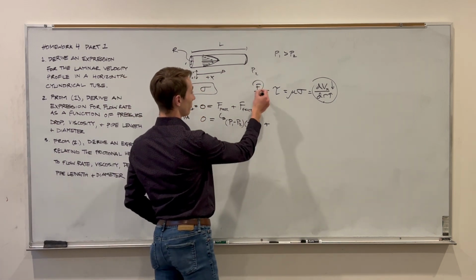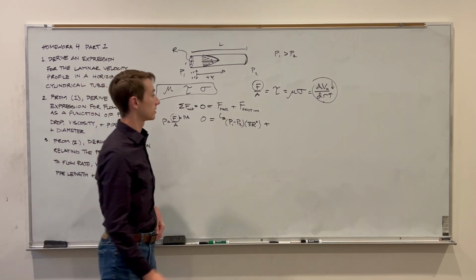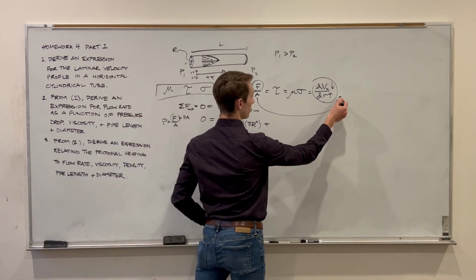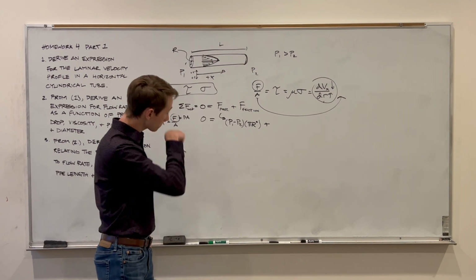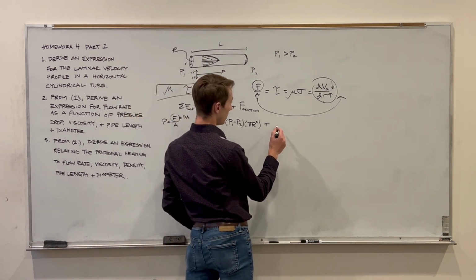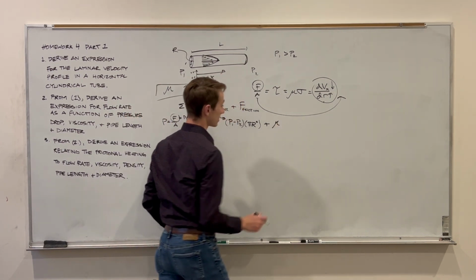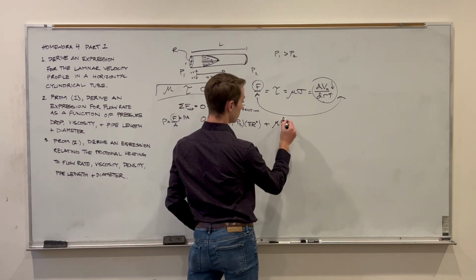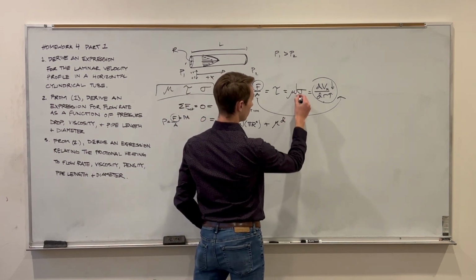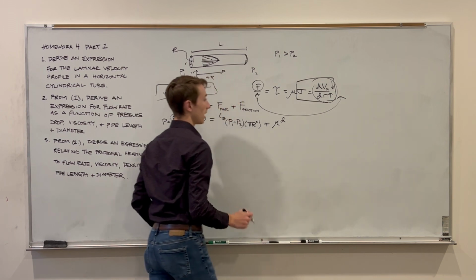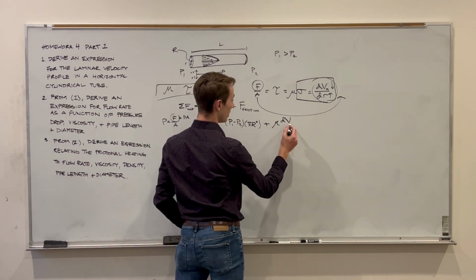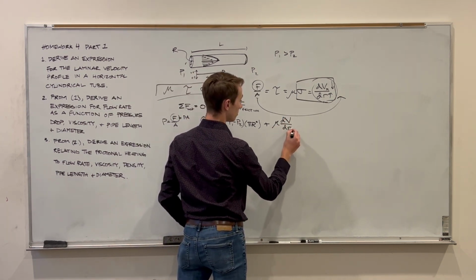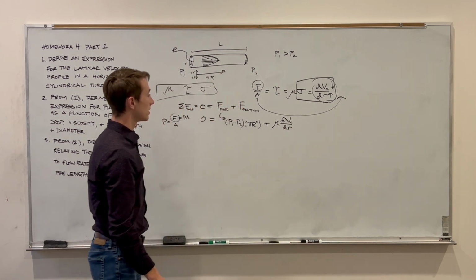So we're looking again for the force of this friction. So we can take this area and multiply to the other side, and we get the viscosity of the fluid times the shear rate, times the area.